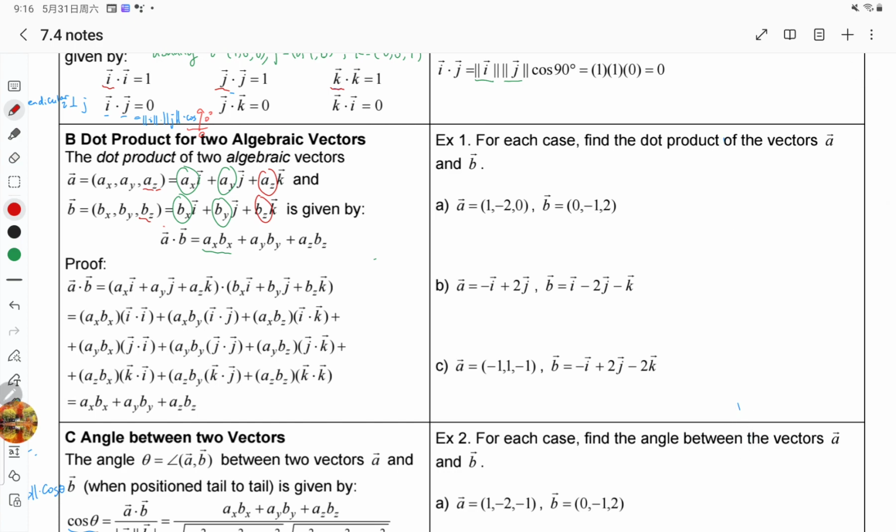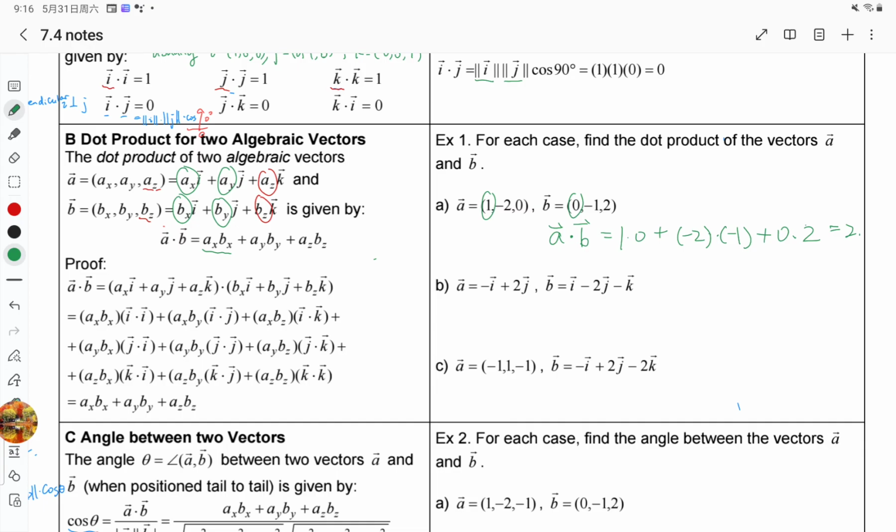So we can calculate this A inner product B and just multiply them together. So this is 1 times 0 here, and then plus -2 times -1, and then plus 0 times 2, right? So this becomes 2.